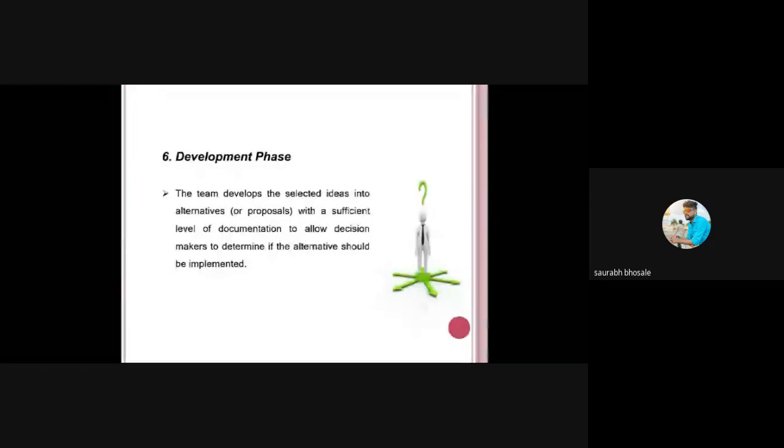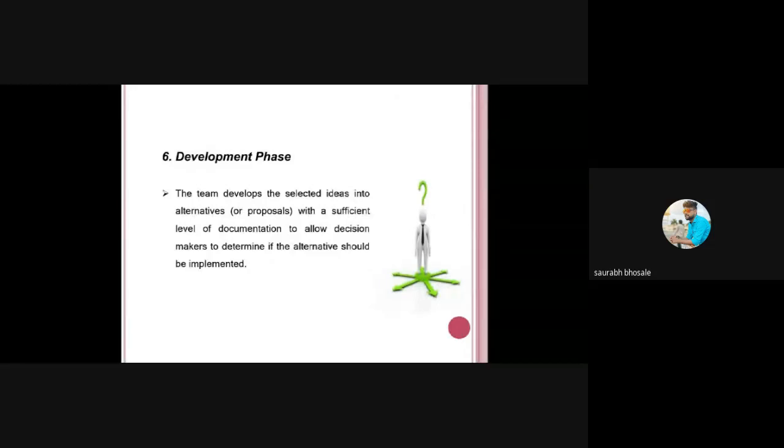For economic feasibility, the necessary tests will be conducted on that particular product, and then one or two alternatives will be selected for the recommendation step.